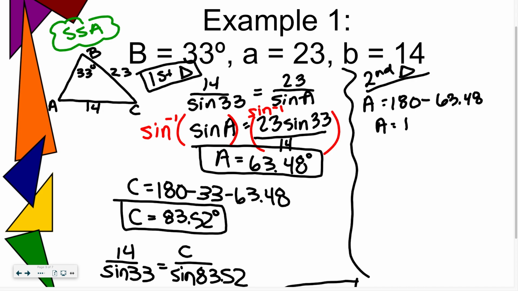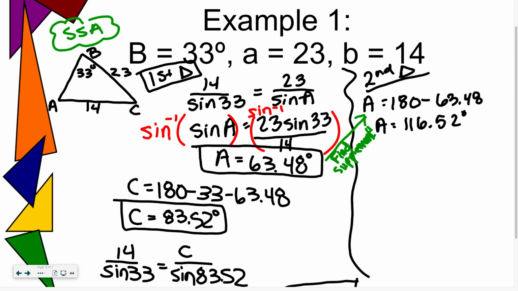If this triangle actually does exist, A would be the supplement to 63.48. Okay, so that's how you're always going to start searching for that second triangle.